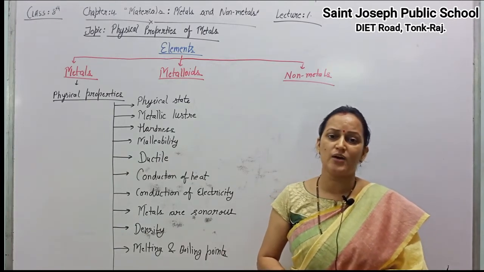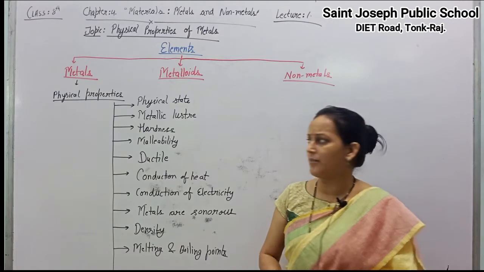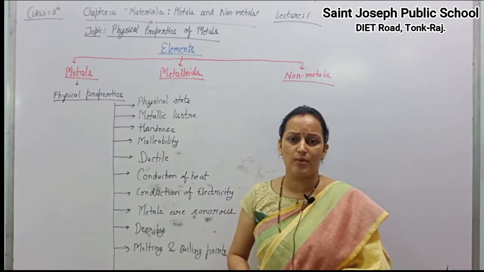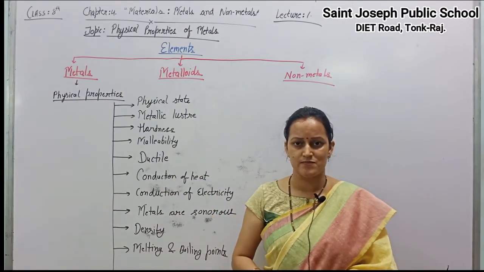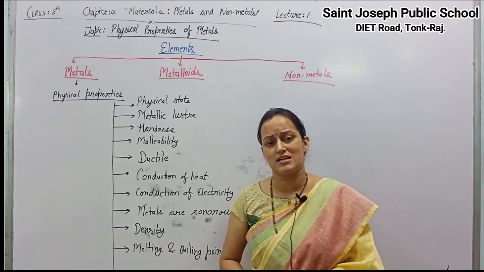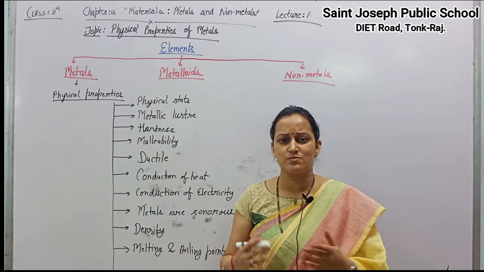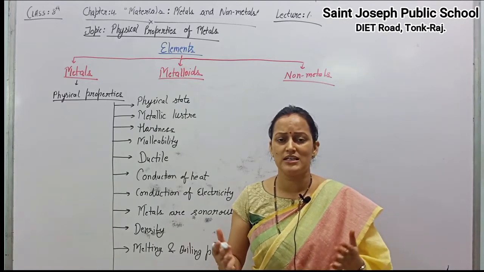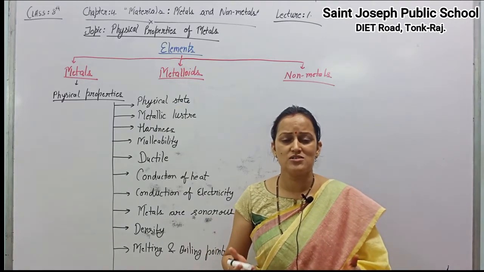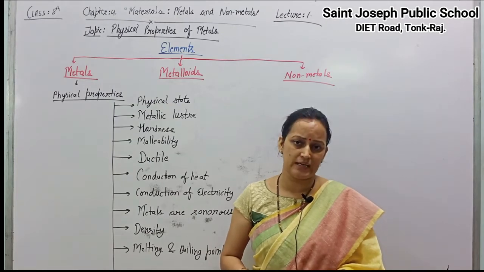In today's video, we are going to start studying in detail about the metals, and let's talk about the physical properties of metals. A lot of objects in our surroundings like our cooking utensils, almirahs, cars, buses, railway tracks, what are these substances made up of? These all objects are made up of the metals.